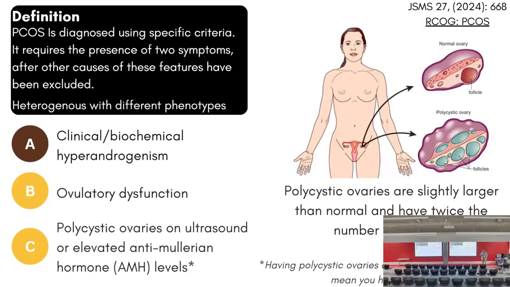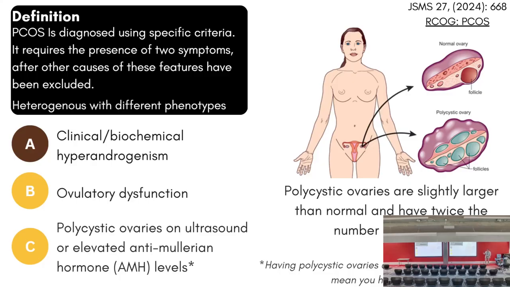Now, in a polycystic ovary, we have excess amounts of follicles, and these follicles are where our eggs are produced and released, okay? So we've got excess amounts of these follicles. However, having excess amounts of these follicles is not enough alone to define some women as having polycystic ovarian syndrome, okay?